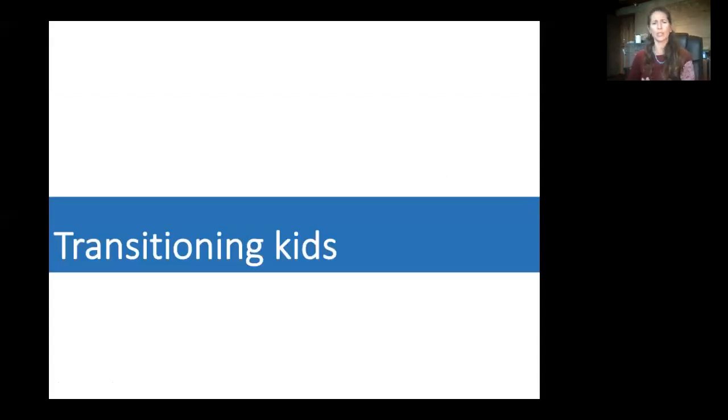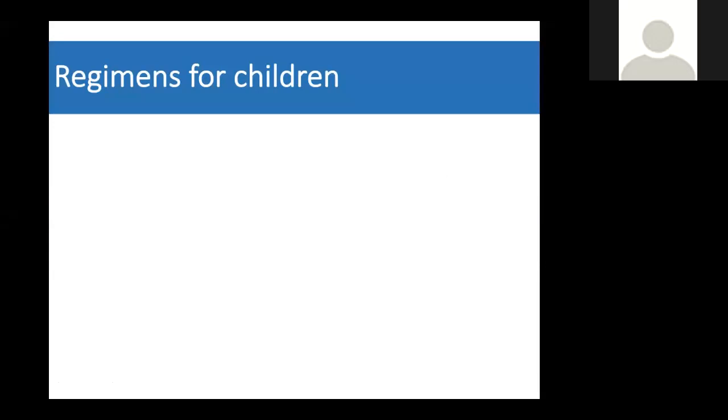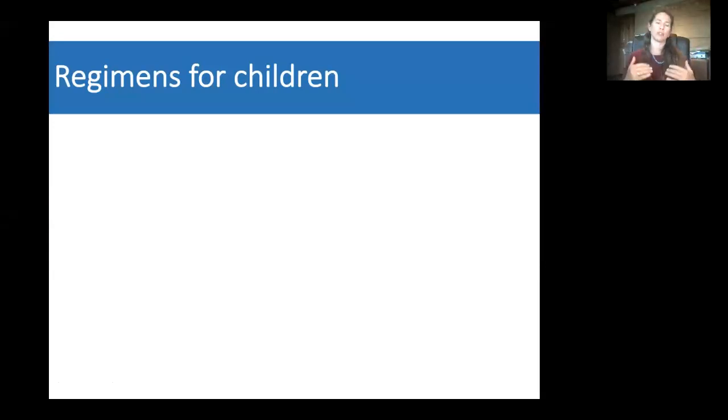So, okay, let's talk now about transitioning. We're still talking about changing regimens, but let's also talk a little bit about our children's regimens. Our children's care has become much easier with some of our new options because we can use dolutegravir from 20 kilograms, so we can actually use it in quite young children. What you need to be aware of is that there are 4 different regimens depending on the age of the child.